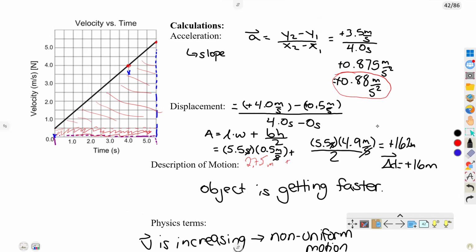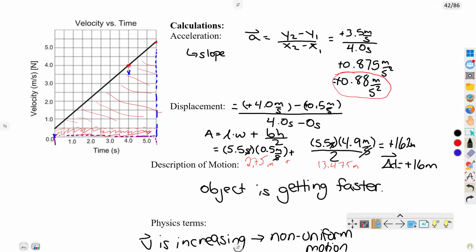The other part is 5.5 times 4.9 divided by 2. And that's going to give us 13.475 meters. We're going to add those two together. So I'm going to add 2.75 to the 13.475.